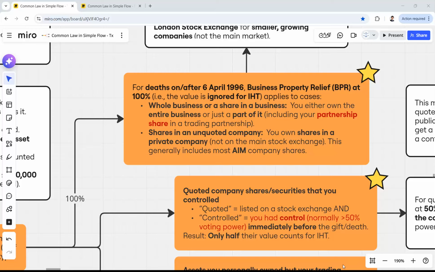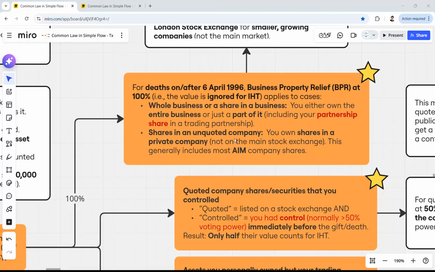So 100% relief applies when you own the whole business or share in a business. So you either own the entire business on your own, for example, you own a limited company, or just a part of it. For example, you are a partner in a partnership and your partnership share is considered your full ownership, like the part of the company, and it will be under 100%.